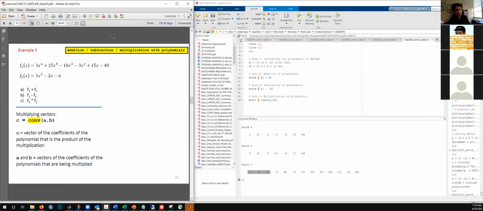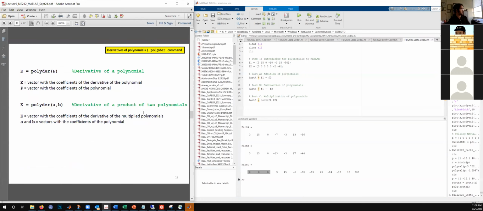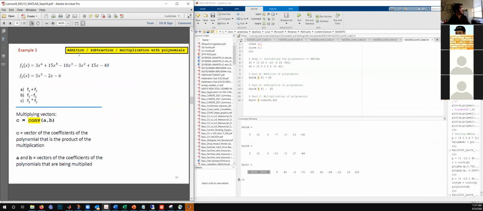Okay, any question on this one? Yeah, I have the screenshot for this code. So this is the only thing that I wanted to show for addition, subtraction, and multiplication.